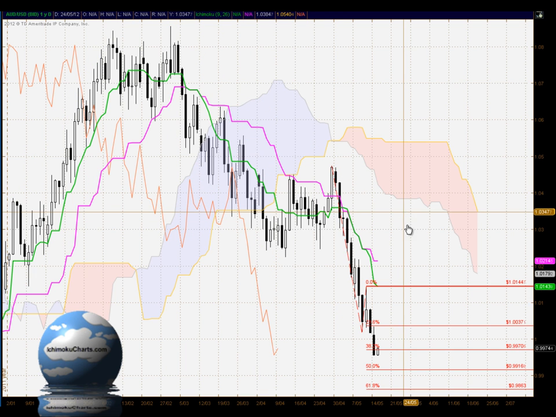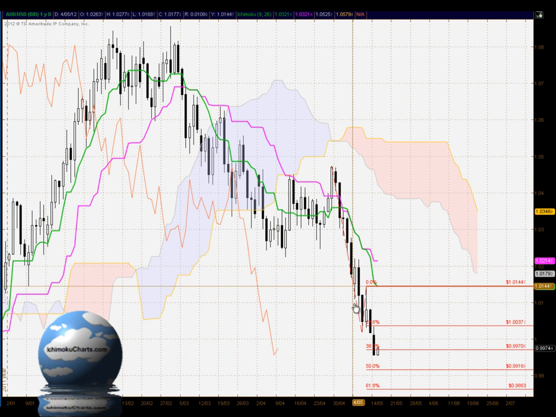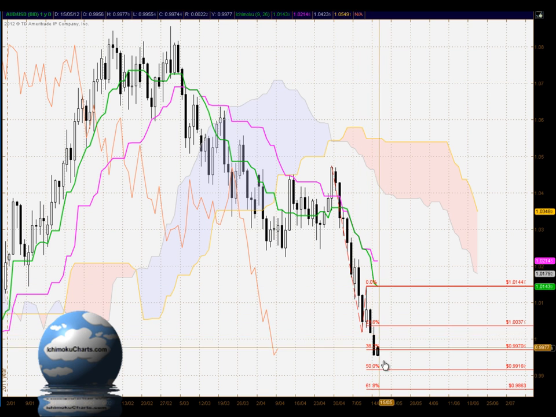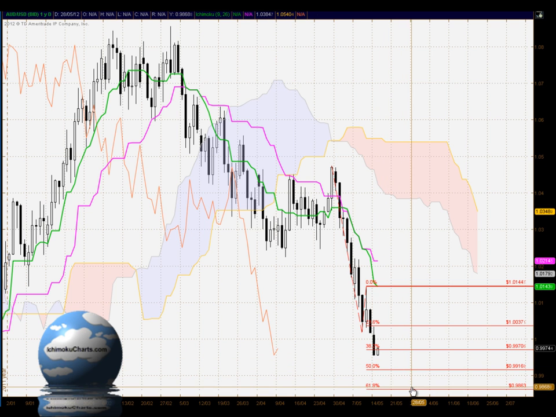In terms of the Fibonacci extension, because we had this very long leg of this downswing, the market making a series of lower highs and lower lows, the retracement, and then a continuation of the trend to the downside, we have some Fibonacci levels where this market could possibly trade to.